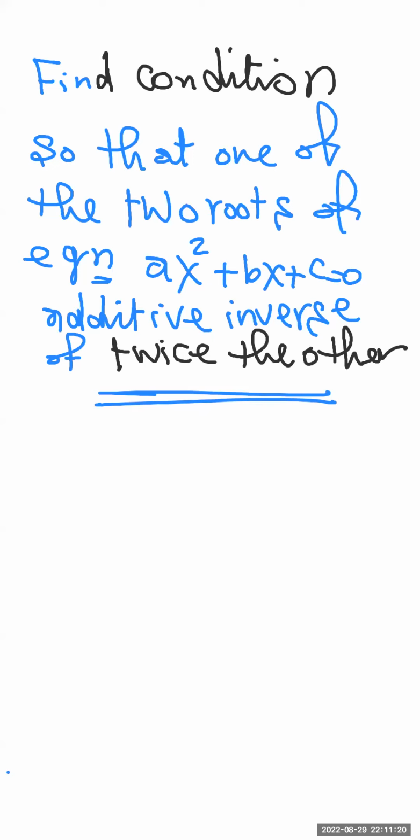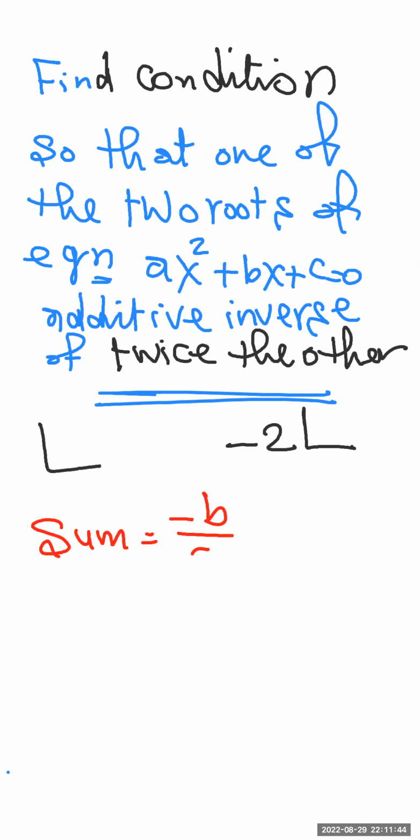Okay, so if one of the two roots is L, this means that the other root will be negative 2L. Additive inverse means negative L, twice means negative 2L. Now, guys, the sum of the two roots equals negative b over a, so negative b over a will equal L plus negative 2L. So simply, L plus negative 2L means negative L equals negative b over a.